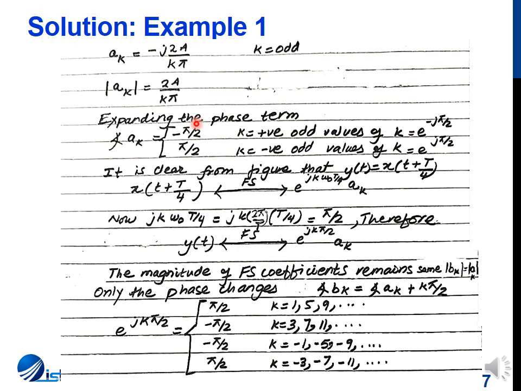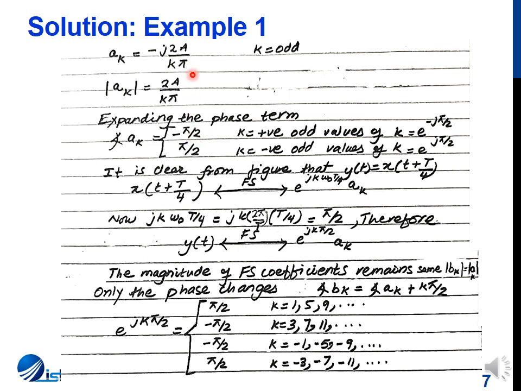For the phase term, we observe that we have two distinct phases. When we have k positive odd values, then because of this minus j, we have a phase shift of minus pi by 2.